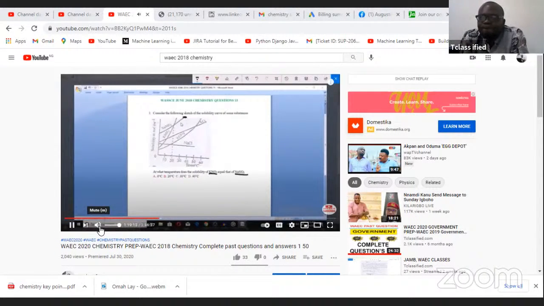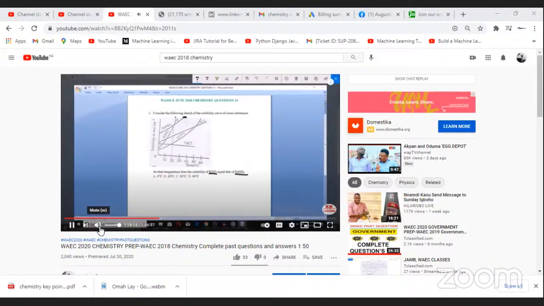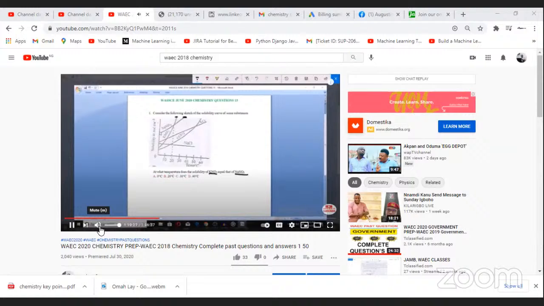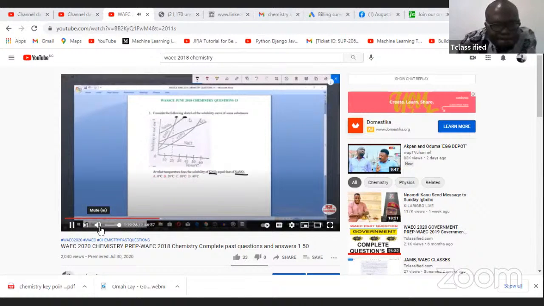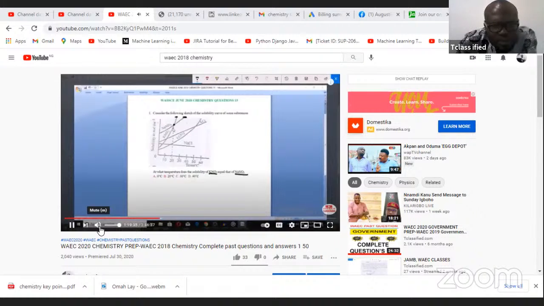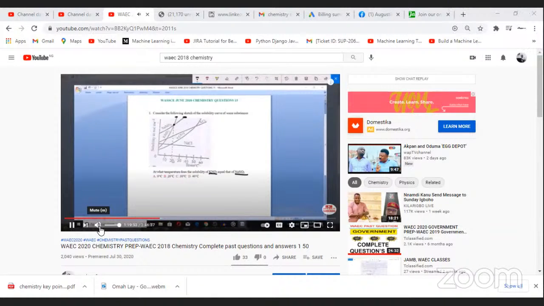Okay, sir. Exactly. So number 15. Consider the following sketch solubility curve of some substances. At what temperature does the solubility of KNO3 equal that of NaNO3? So they put the graph. At the point where KNO3 and NaNO3 meet, where they intersect, you trace it down to be 20.